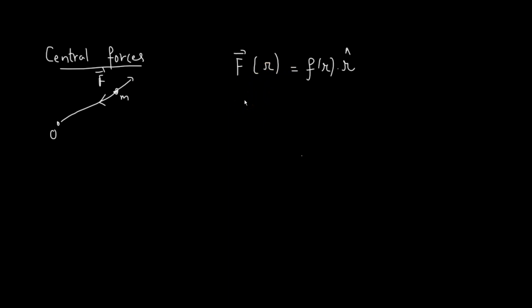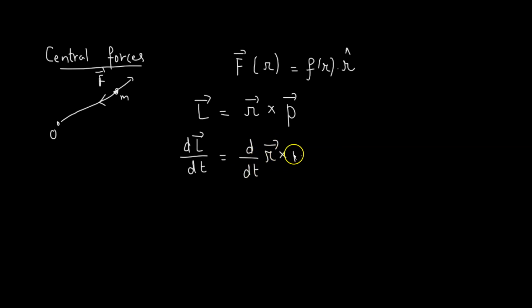So we have L vector, the angular momentum vector, given by r vector cross p vector. We've already talked about it. Now let's take the time derivative on both sides. So we have dL vector over dt, which equals the time derivative of r vector cross p vector.